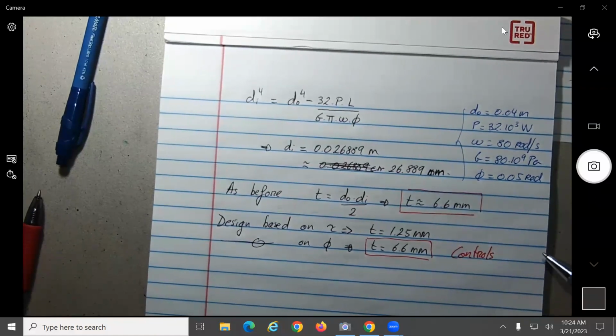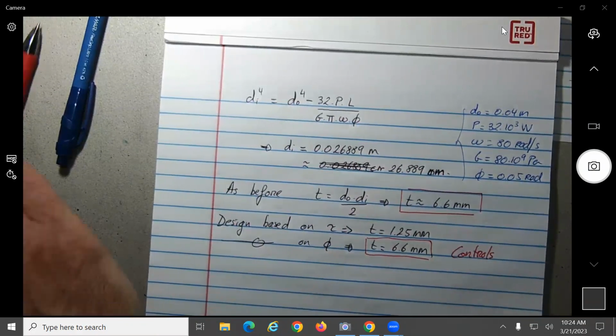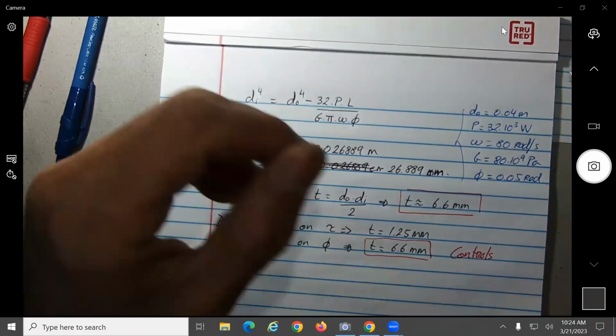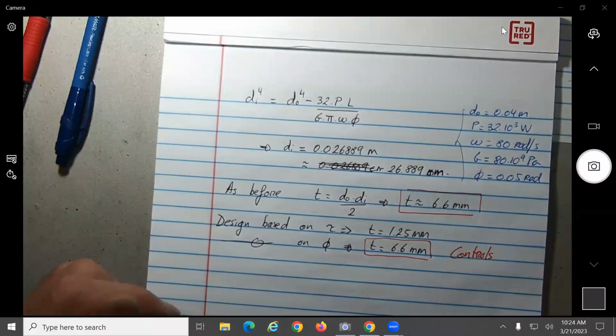So now you see very well what the issue will be if you don't check the angle of twist. The shear-based design will be perfectly safe, but look at the difference in thickness. It's 4 times, no? There's a factor of 4 between one and the other, or even more.